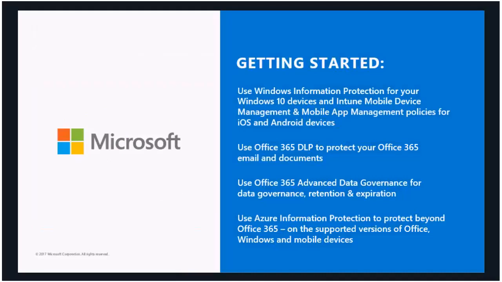And we wanted to conclude by saying that it's really, really easy to get started with information protection because it's all baked into our products. Windows Information Protection is baked into Windows 10. Intune is a part of Enterprise Mobility Security, which is a part of the Microsoft 365 suite all up. And information protection is deeply baked into Office 365 as well.